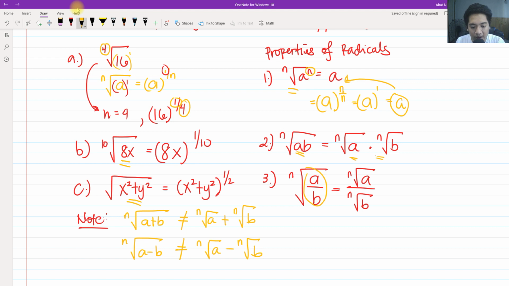But if we have addition and subtraction, we cannot use the property like that.